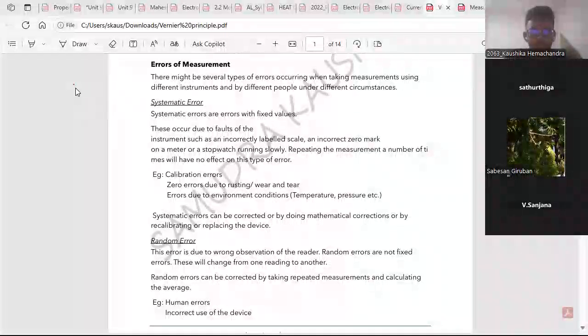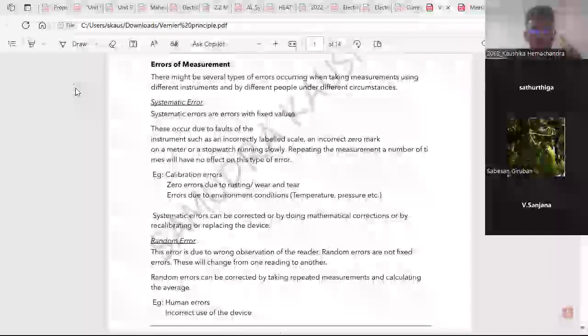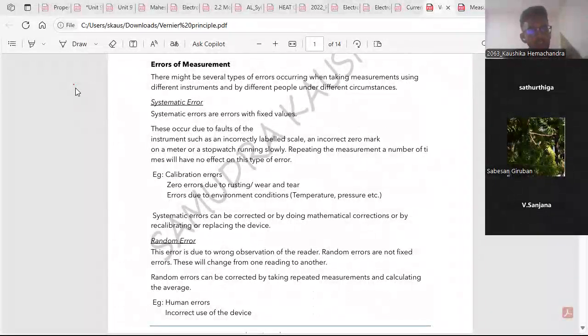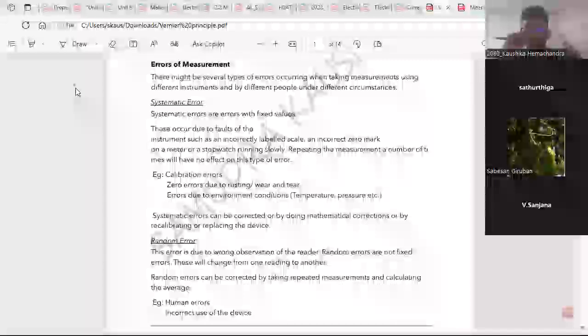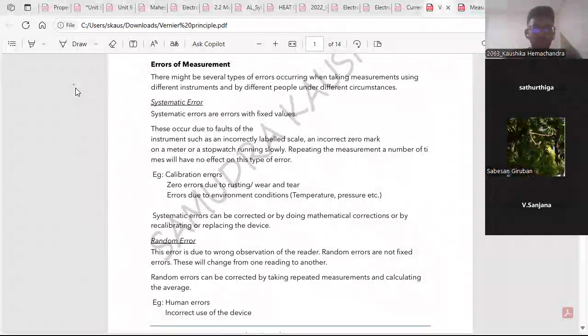A simple example would be if the scale, after some wear and tear, can't be seen properly, you can't get the correct value. And if the scale is too small, if the lines are very small and you can't see them, that will also be a problem. You'll have to use something like a magnifying glass to magnify the scale and get the reading.